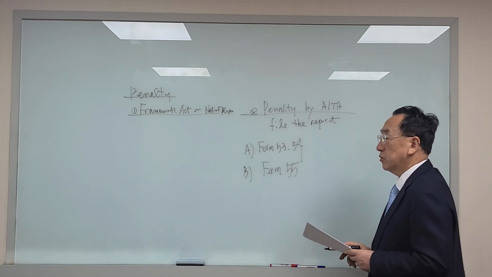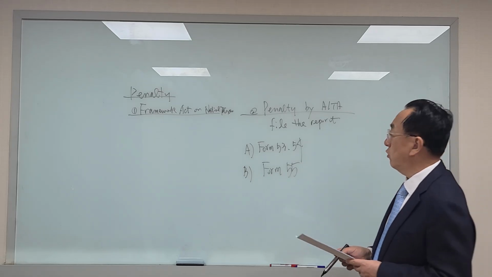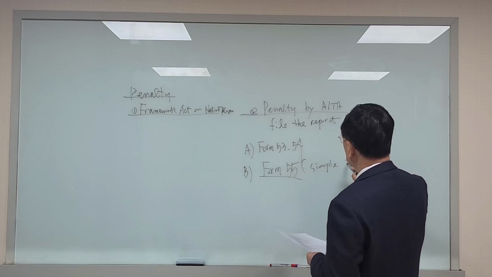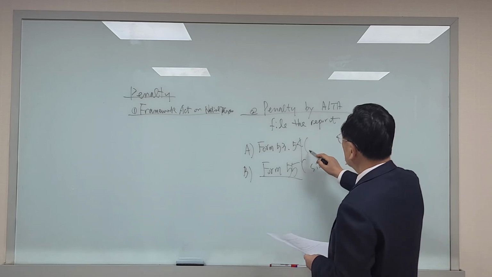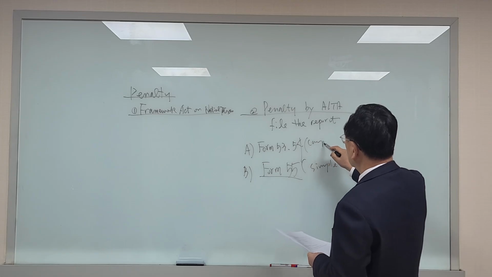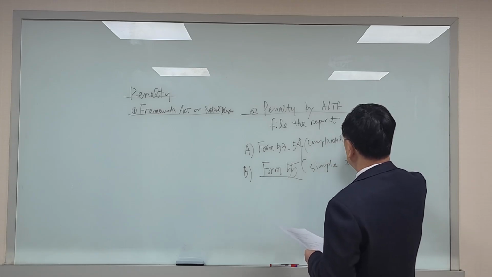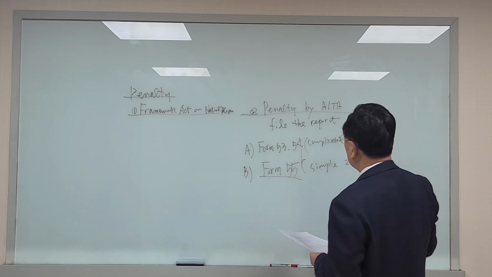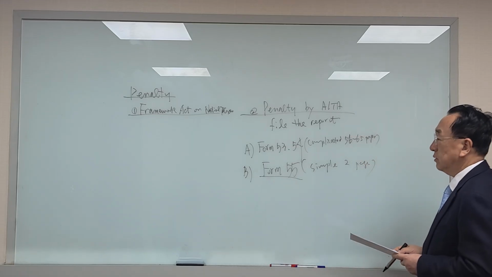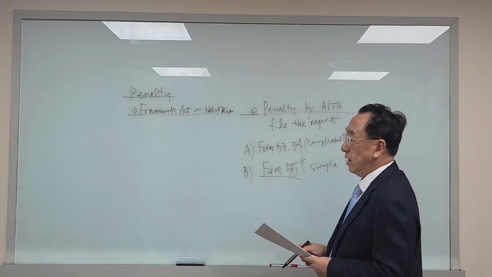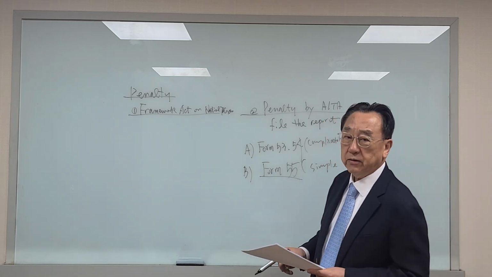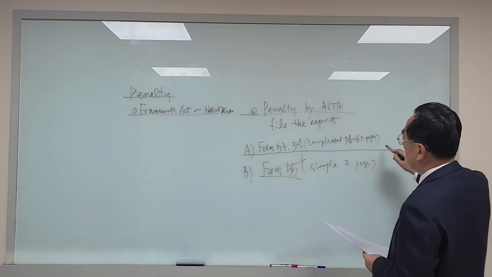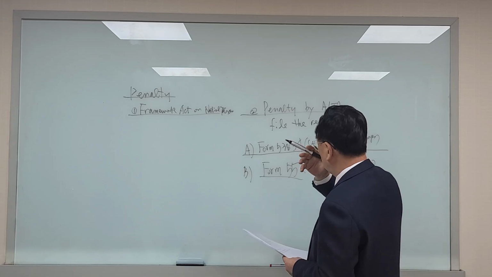So the company that is eligible for Form 55 uses a simple form of 2 pages. Otherwise this is very complicated, pages 56 to 65. If the company is not eligible for Form 55, then that company should submit Form 53 and 54.